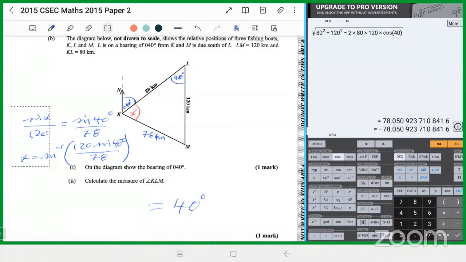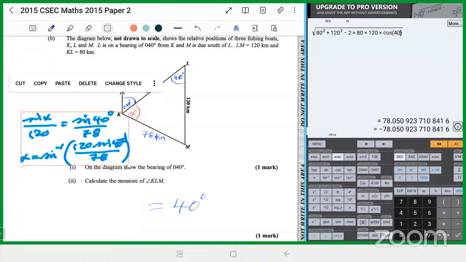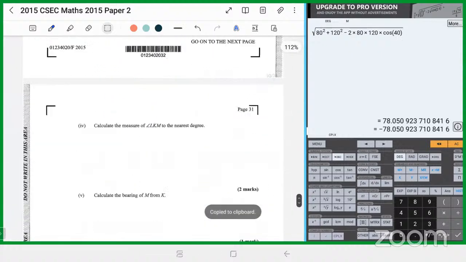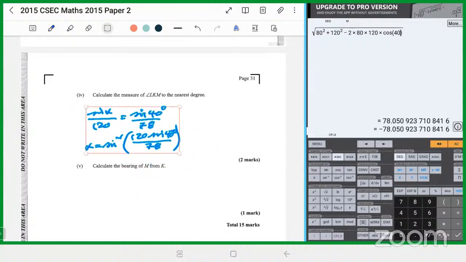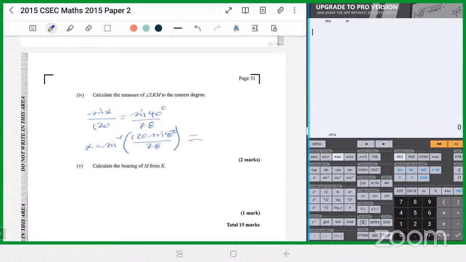I'm going to copy this down. Let me work this out. That's 81. It's an angle in degrees, so to the nearest degree, 81.